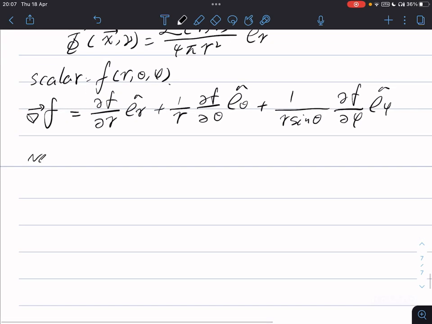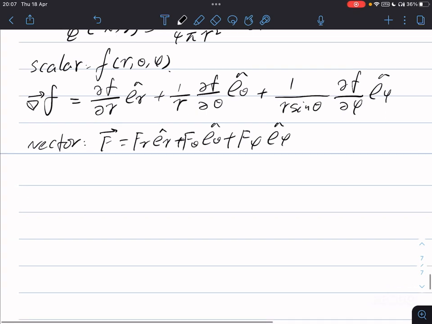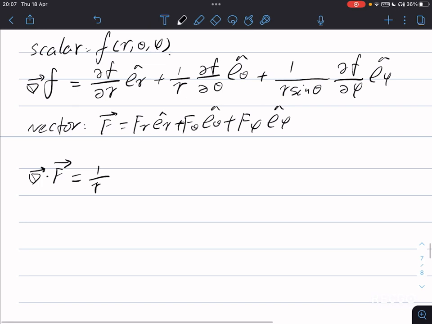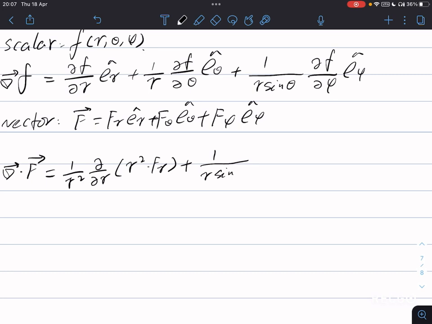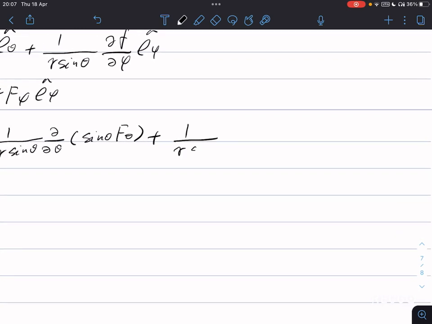And for a vector F equals F_r e_r plus F_theta e_theta plus F_phi e_phi, the divergence of it in spherical coordinates can be written as 1 over r squared partial partial r of r squared times F_r, plus 1 over r sine theta partial partial theta of sine theta times F_theta, plus 1 over r sine theta partial F_phi partial phi.